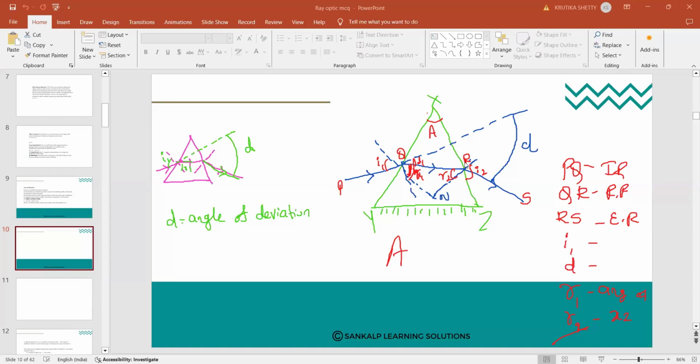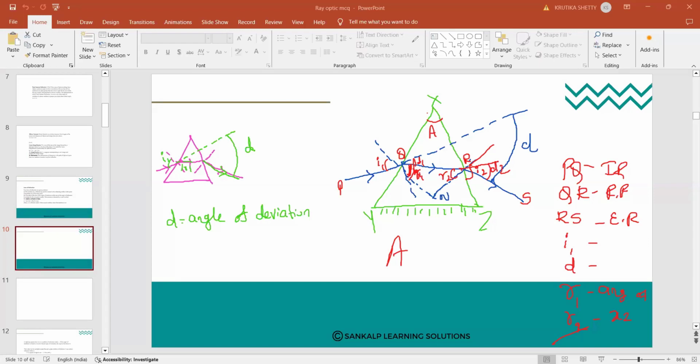You can copy down the figure. So this is our I2. Here you can show D2 also. That is the angle of deviation.